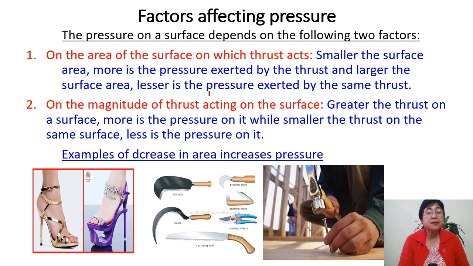Because the heels are small, the area of contact will be small, less area of contact as compared to the block. So what will happen? You are giving much pressure to the ground whenever you walk with these heels. Less area, more pressure.